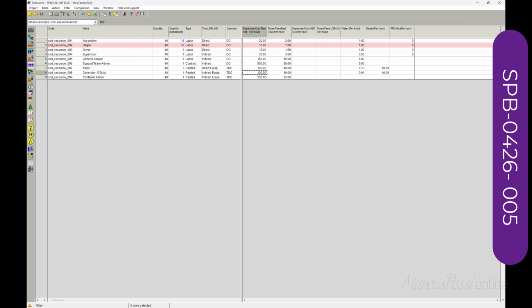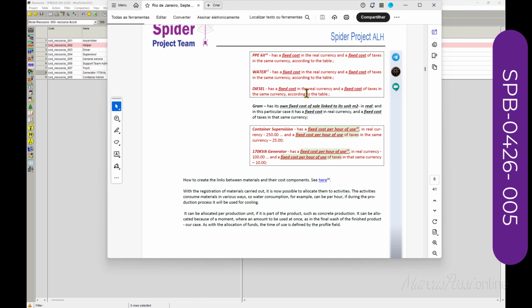Costs per hour. Let's look at the prices here. Let me find where is the here. Let's read it together. Fixed cost per hour of use. Per hour of use. 100 reals. Okay.